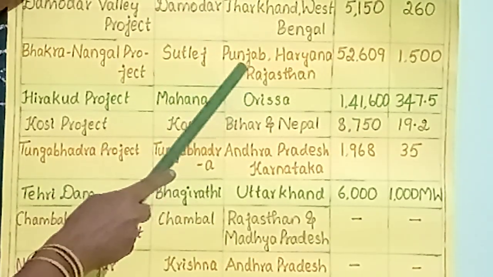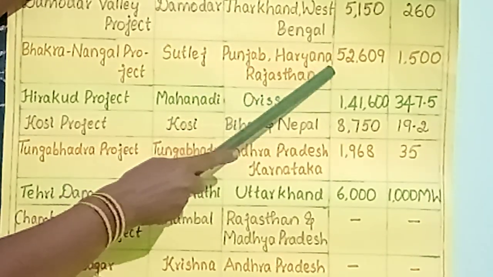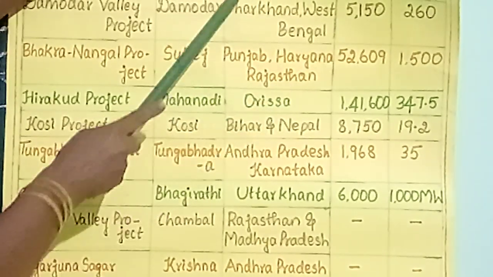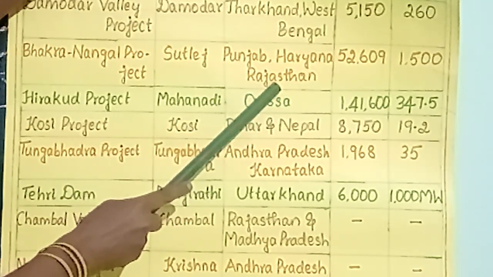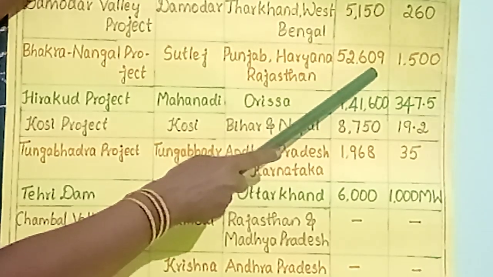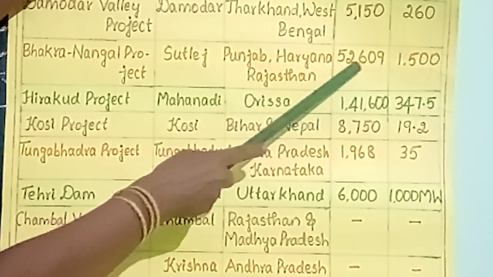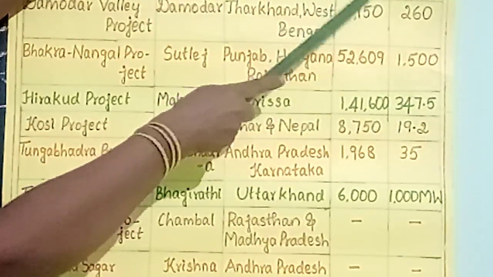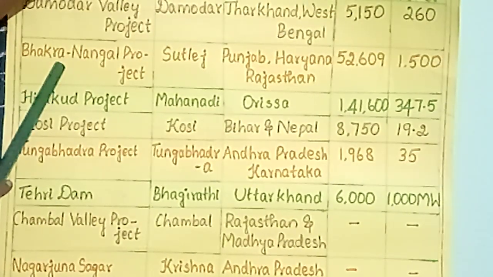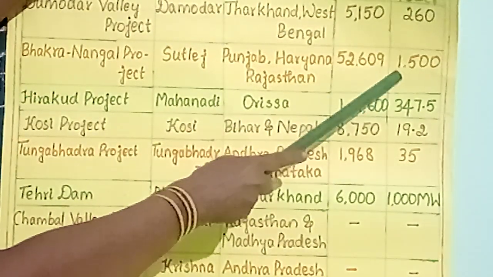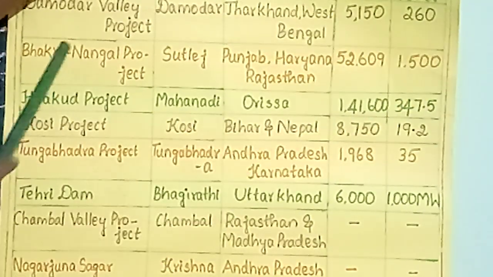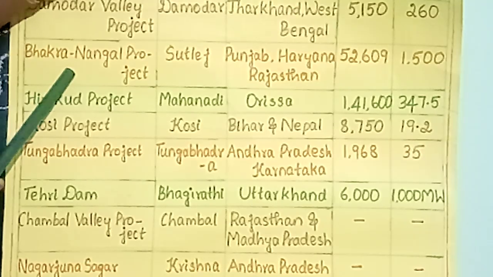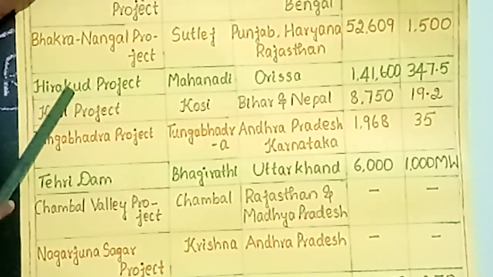The benefited states are Punjab, Haryana, Rajasthan. 52,609 square kilometers of area are irrigated through this dam's water, and also 1,500 megawatt electricity is produced through this dam's water.